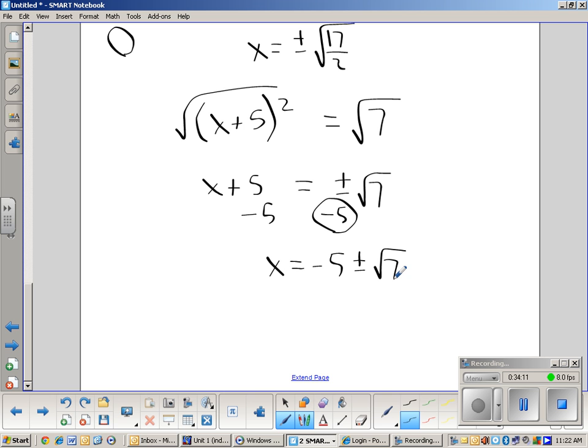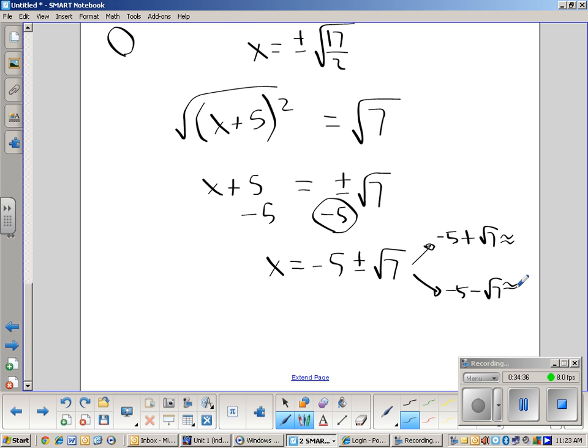This is the way we'll leave the answer. If they ask you to round to the nearest tenth, then you would say, okay, I have negative 5 plus square root of 7, and I have negative 5 minus square root of 7. And if we rounded that off, try it on your calculator. What do you get if you type in negative 5 plus square root of 7?